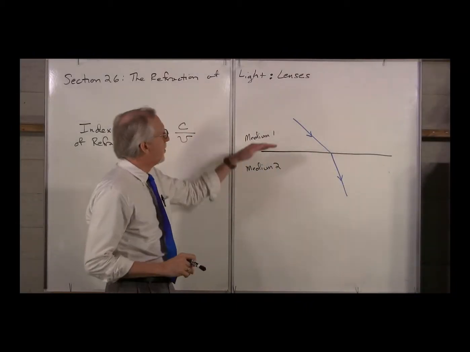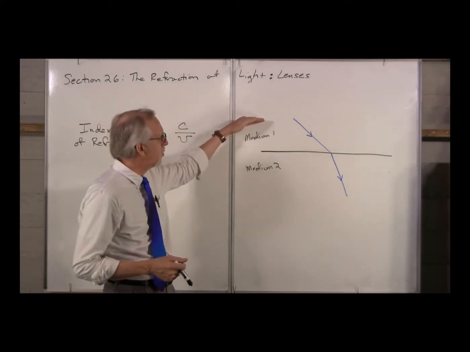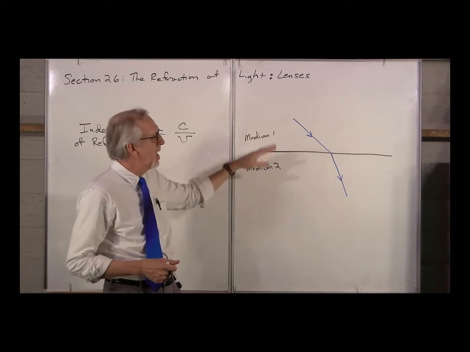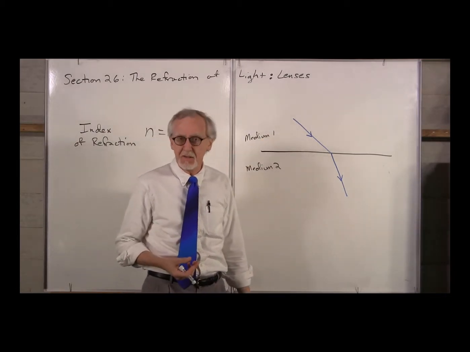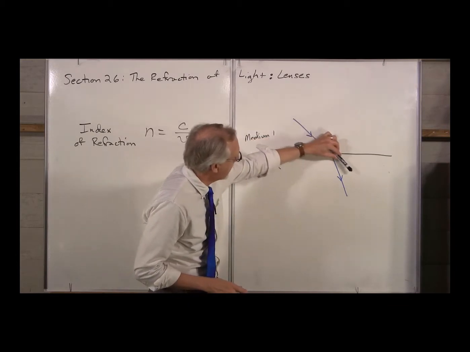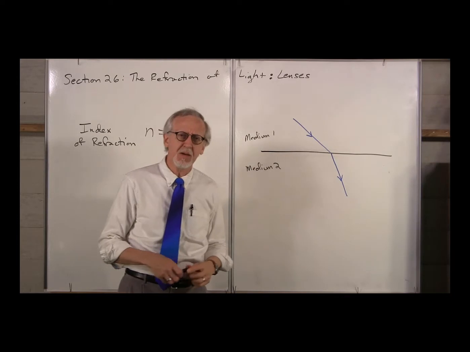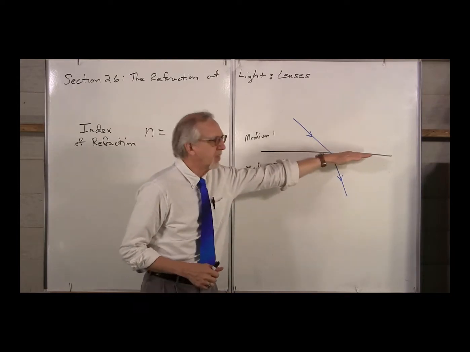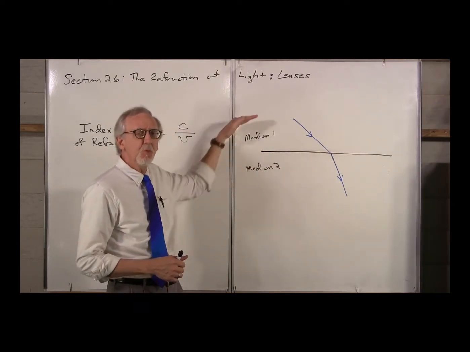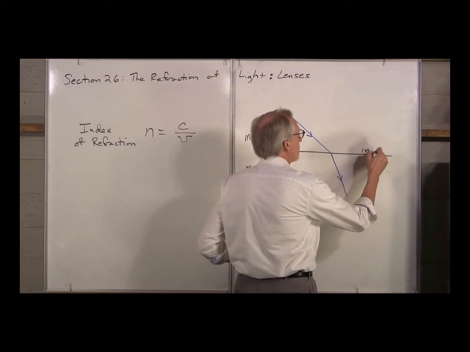When light goes from one medium into a second medium, and I'll refer to these as medium 1 and medium 2, the light typically bends. It refracts. It does not travel on a straight line, but it bends when it enters the second medium. This line that's in between medium 1 and medium 2, we'll refer to this as the interface.